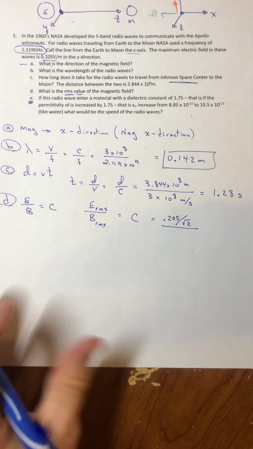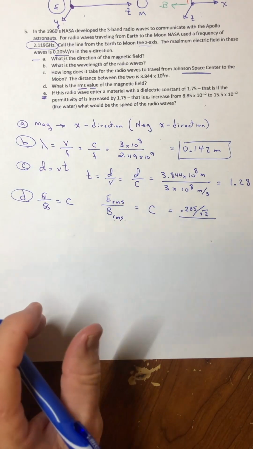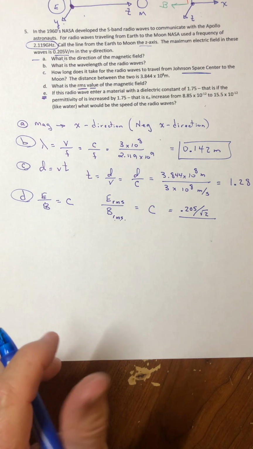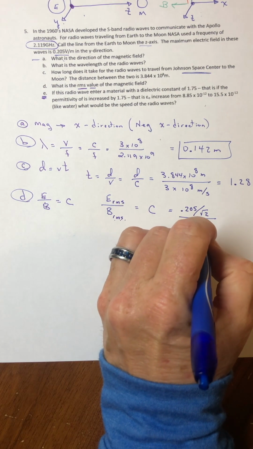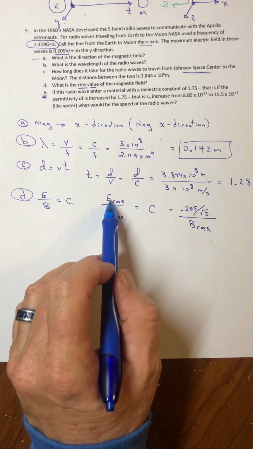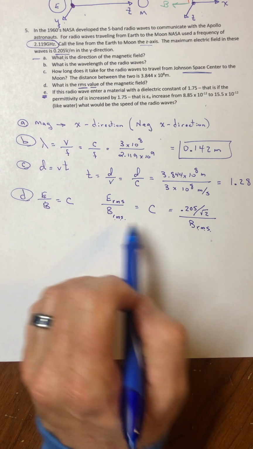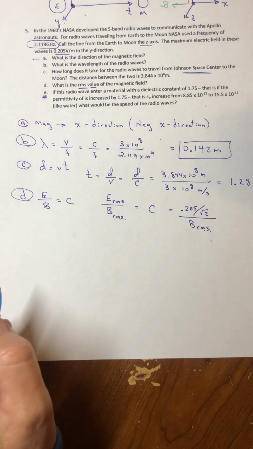That was our discussion back in our AC circuits about the connection between maximum and RMS. Of course, and then I would get the BRMS. I suppose we could use maximum field here and then get maximum B field and then take that and divide it by the square root of 2 also. That works just as well.